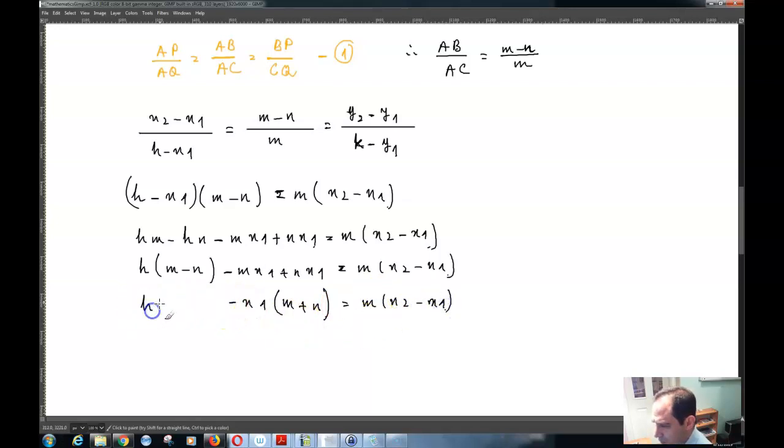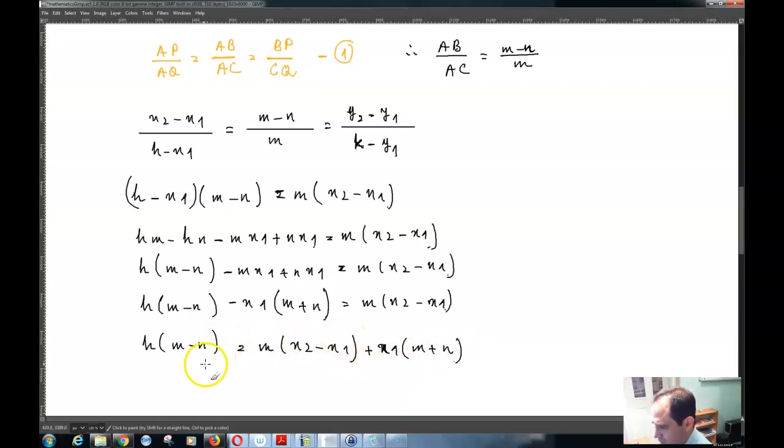Over here I have h times (m minus n). Take this to the other side of the equation: h times (m minus n) is equal to m times (x2 minus x1) plus x1 times (m plus n).